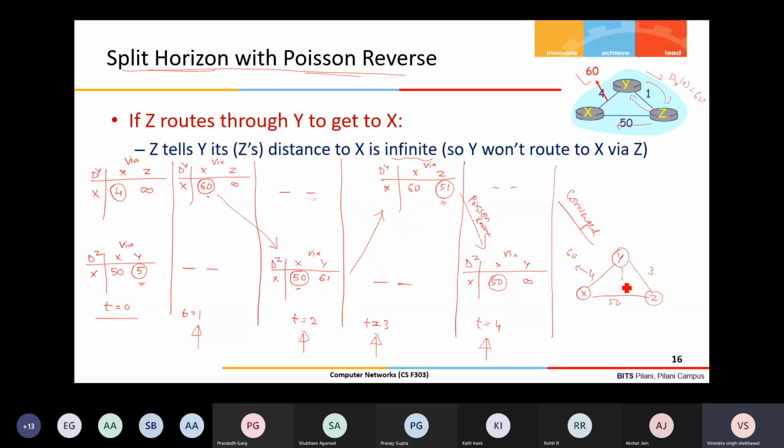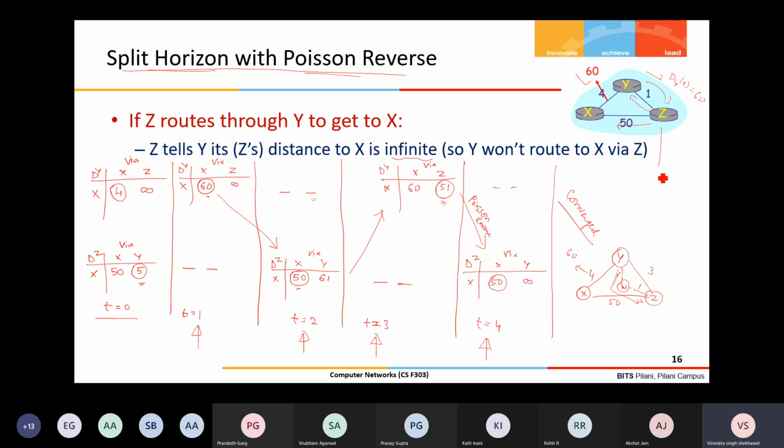Then there is one more hop, y to w and w to z, and these link costs are 1 and 1. So when this link cost changes from 4 to 60, what will happen? y will route via w to z to x, and z is also routing via w, via y, to x. So in this situation, poisoned reverse will not work. What is this?